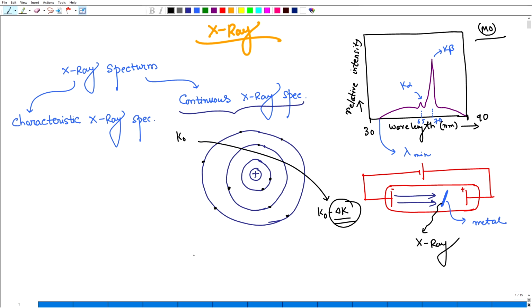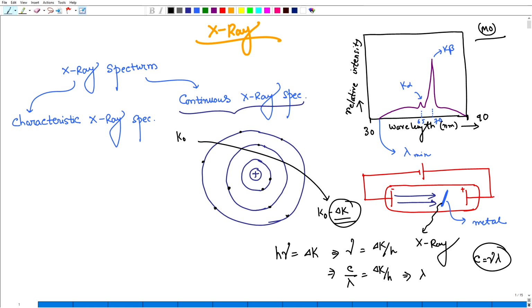And what will be the frequency of that photon? h nu should equal delta k, or we can say nu equals delta k by h, and we know c equals nu lambda. If we put it here, we can write c by lambda equals delta k by h.